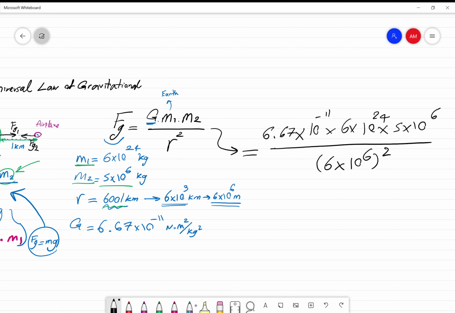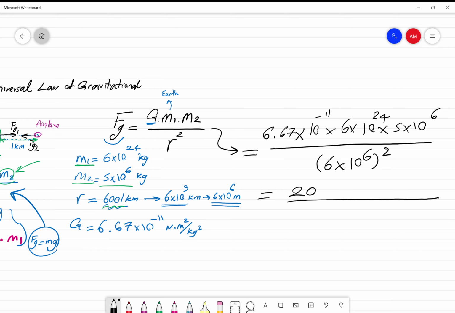Okay, so now what we do is, first of all, everything on the top. I'm doing a very rough calculation quickly without the calculator. So 5 times 6 times 7 times 6 is 42, times 5 is roughly 200.